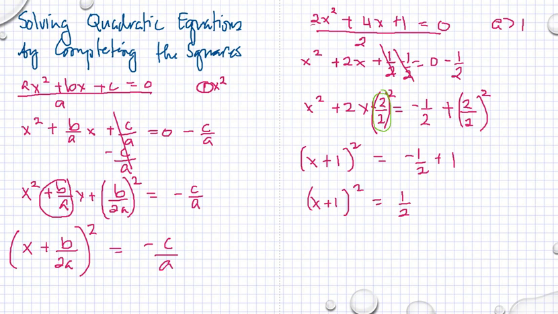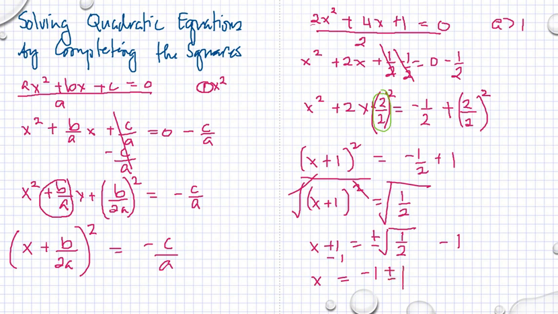Then you can see now, you can just take the square root of both sides. Then we have x plus 1 is equal to positive and negative square root of 1/2. So my first one now, if I'm going to subtract both sides of the equation by 1, so I can say x is equal to, we usually write this way, negative 1 plus minus square root of 1/2.